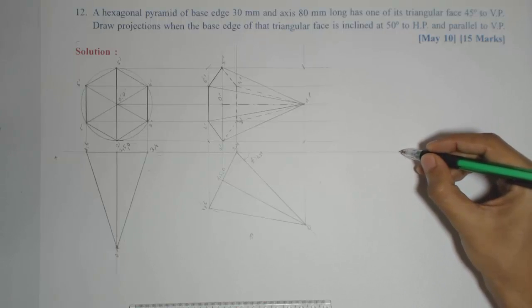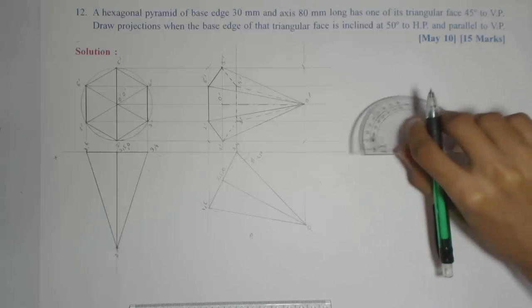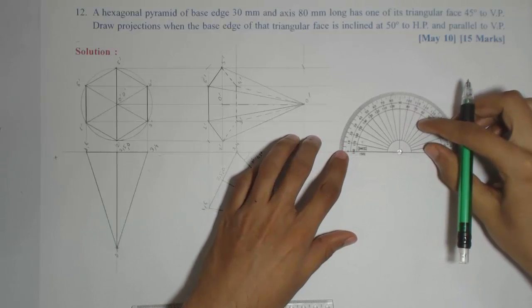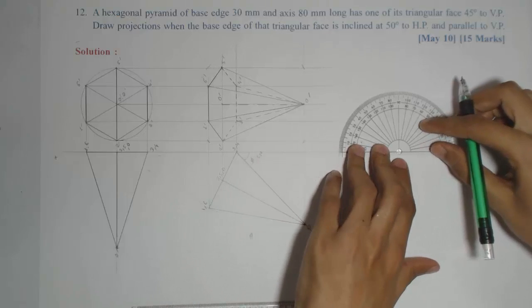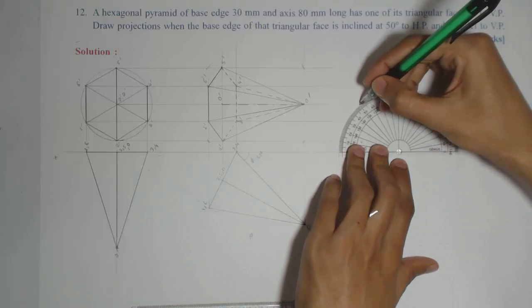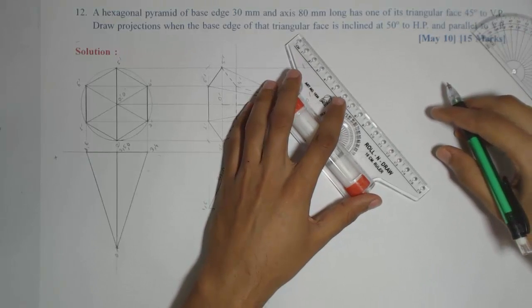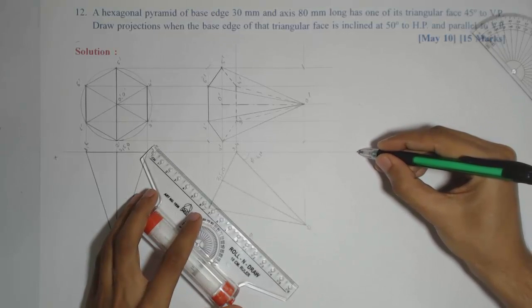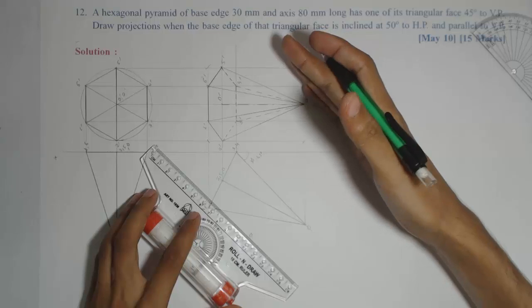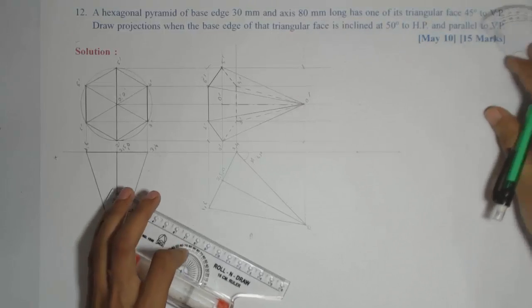So first I'll mark the angle 50 degree. We can take it on this side as near as possible because everything will be drawn on this side. We have less space above, so we'll shift it here.